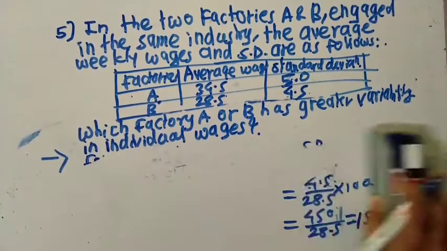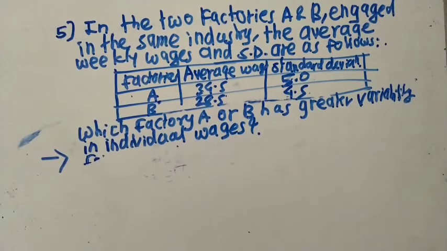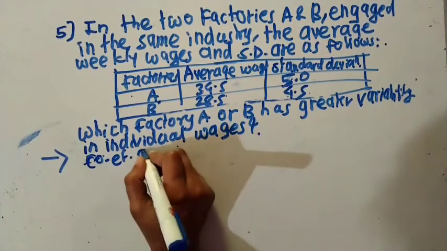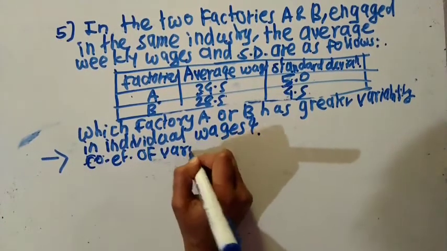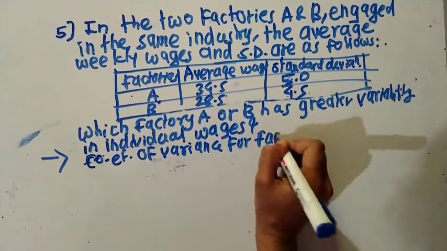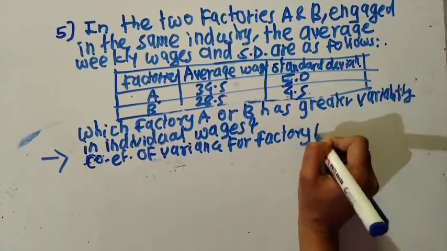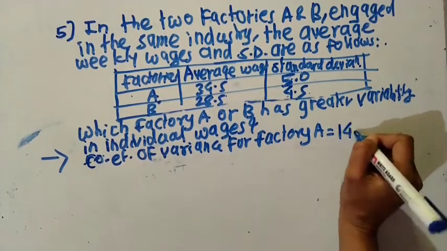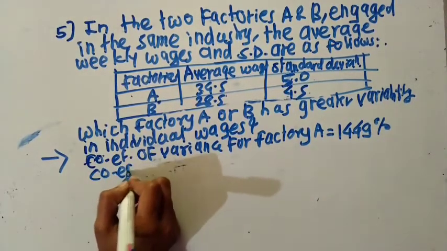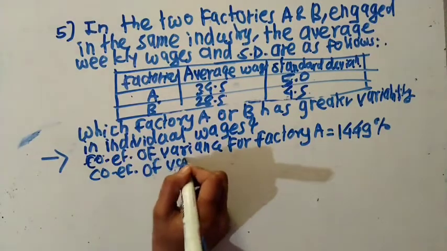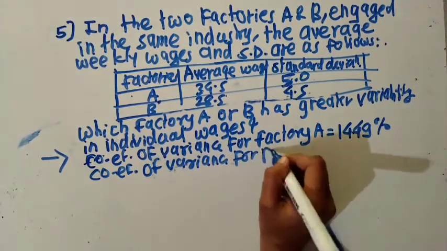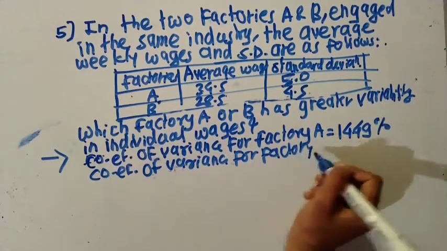So the coefficient of variance for factory A is 14.49% and the coefficient of variance for factory B is 15.79%.